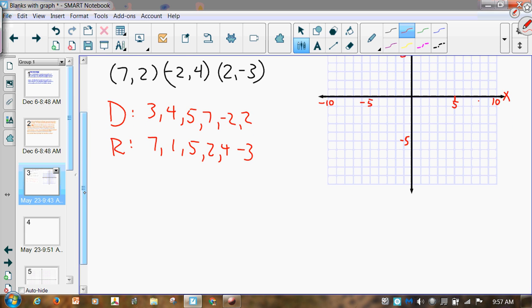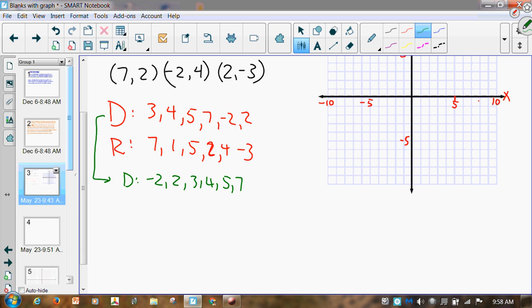The proper notation with domain and range is to list the data in the order numerically that it occurs. Numerically, not sequentially. So the proper way to list the domain then, mathematically, and I'll take it down here, the domain should actually be listed as, and we look for the smallest value first, -2, and then the next one is 2, and then 3, and then 4, and then 5, and then 7.